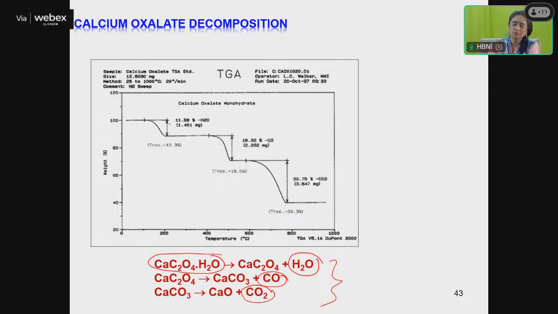So this is H2O, this is your CO, and this is your CO2 loss. I have given this typical example because calcium oxalate is a very well-known compound, and you can imagine how it changes, and therefore you can correlate with these reactions.